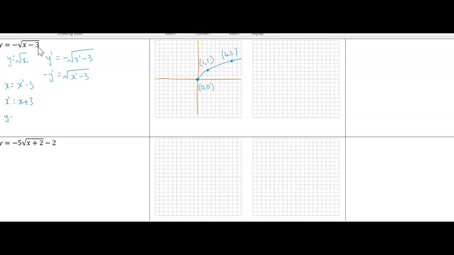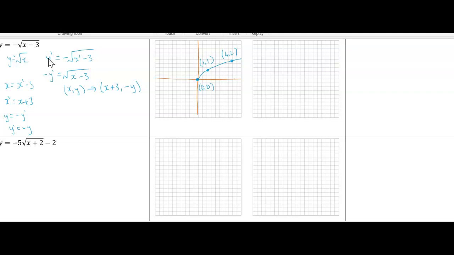And then our y has become negative y, so y dash is equal to negative y. So our coordinates x, y have become x plus 3 and negative y. So we've shifted to the right 3 and we've had a reflection in the x-axis.